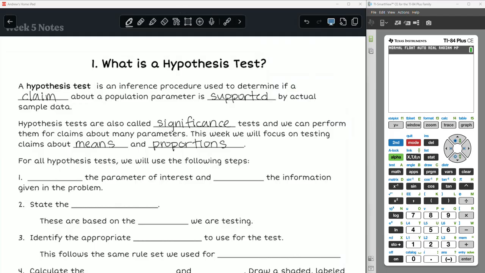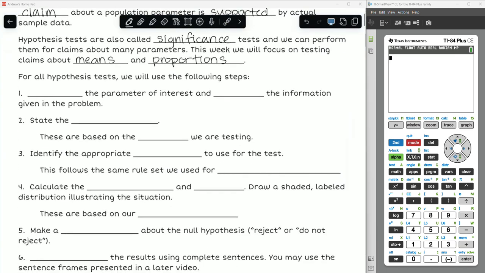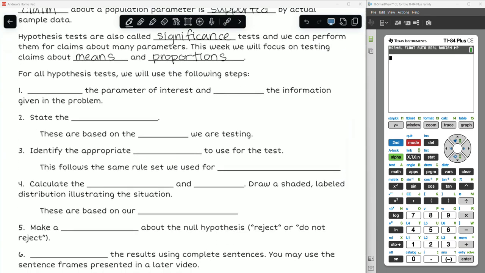For all of the hypothesis tests that we're going to perform in this course, we're going to use the same 6 steps. The first step will be to define the parameter of interest or parameters of interest, specifically in words using context from the problem.